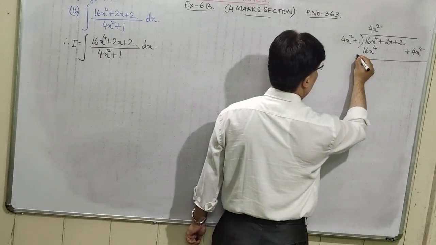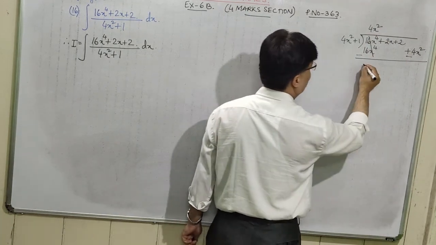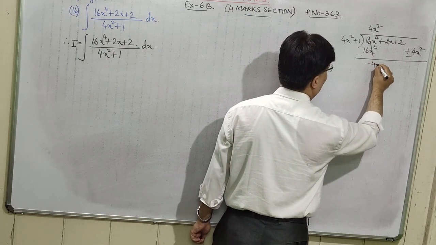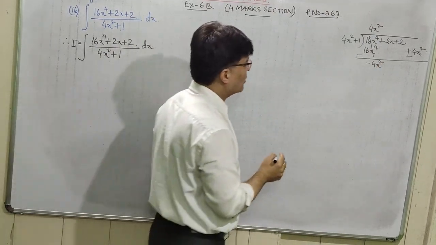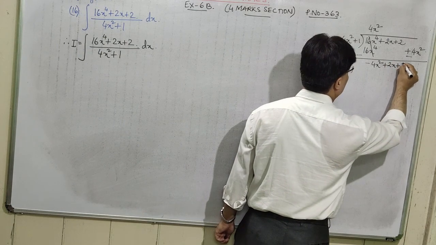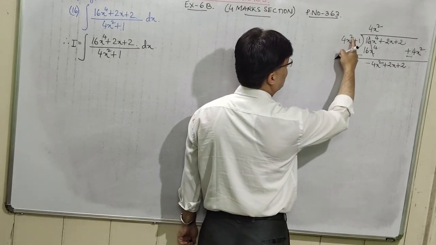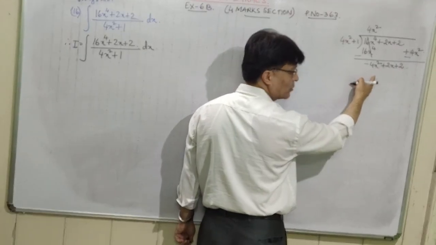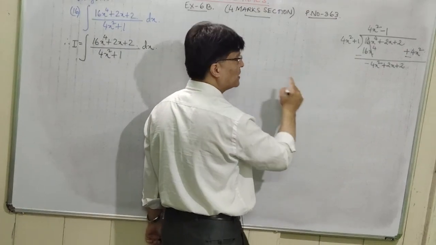Okay, so now we have to subtract it so this will be cancelled. So what do we get? It is minus 4x square. Let us write down the highest power of x first, that is minus 4x square, then plus 2x plus 2. Now there is 4x square here and we have minus 4x square, so you should multiply it by minus 1 to get minus 4x square.